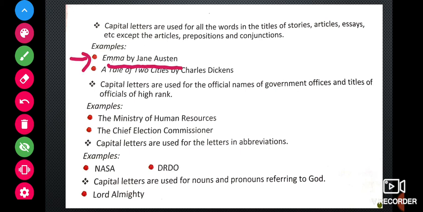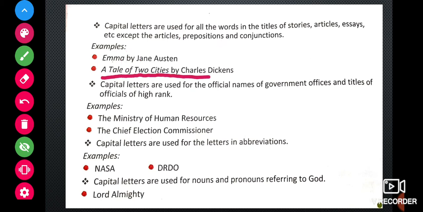Let us look at the example. Emma by Jane Austen. So Emma is a very famous book. So this has started with a capital letter. Jane Austen. Here these two also have started with capital letter because this is a proper noun. This is the name of the author. But by is not in capital letter because by is a preposition.